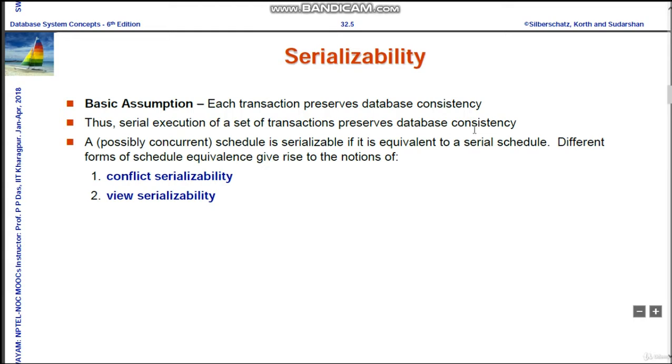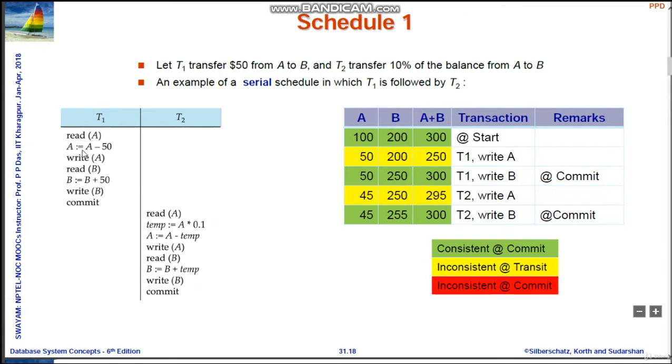So, as you know, in our schedule 1 and schedule 2, both are serial in nature. Okay guys, you can see this is T1 and this is T2. First T1 is completed, then T2 is completed, like serially executing.